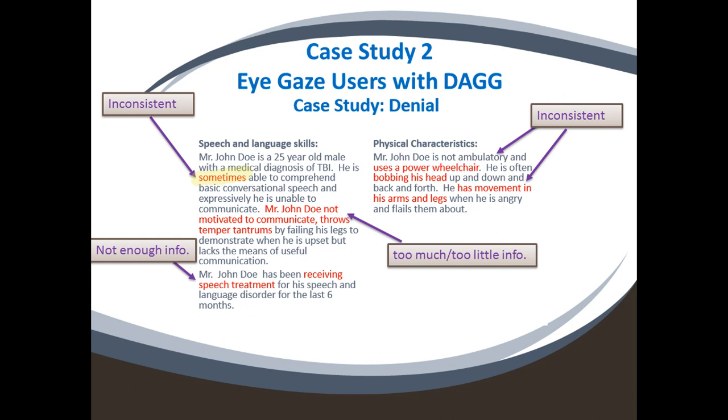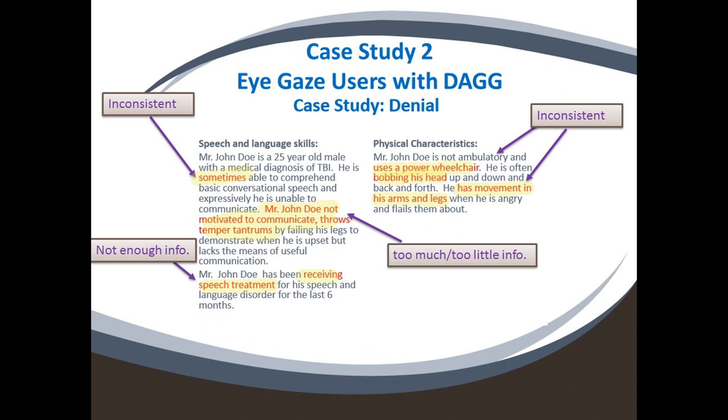We talked about it being either too little or too much information when we described that he wasn't motivated and throws temper tantrums, and that there was not enough information about the speech treatment, just to say that he had 6 months of treatment and nothing else. And then we talked about it being inconsistent when describing how he can bob his head and move his arms and legs when he's having a fit, but we didn't describe anything else.